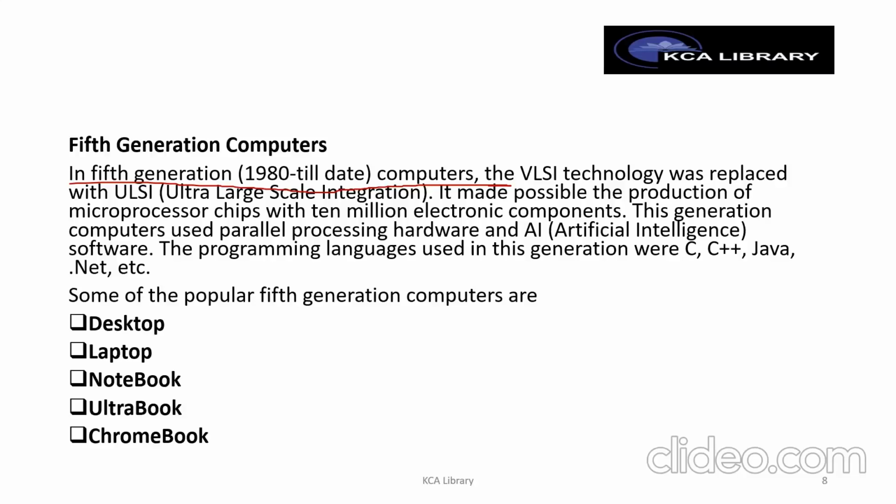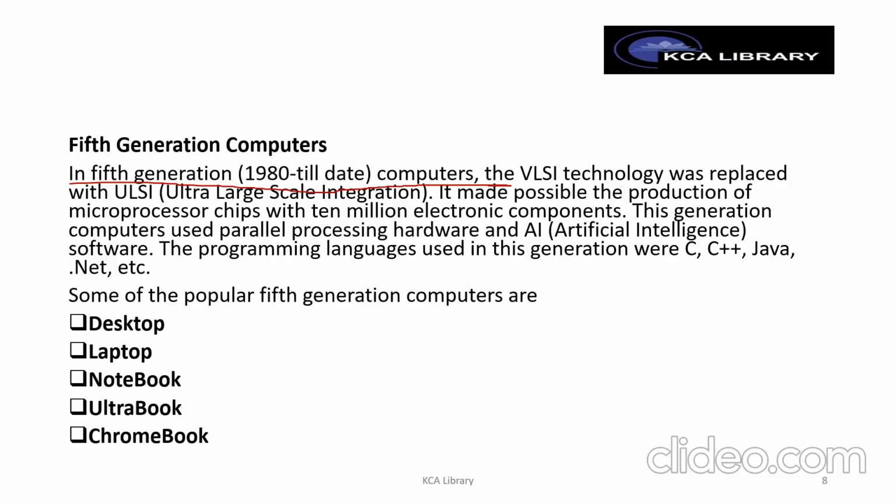This has made possible the production of microprocessor chips with 10 million electronic components. In this generation, computers use parallel processing hardware and artificial intelligence (AI) software. Most programming languages have been used, for example C, C++, Java, and .NET, and many more, including Python.